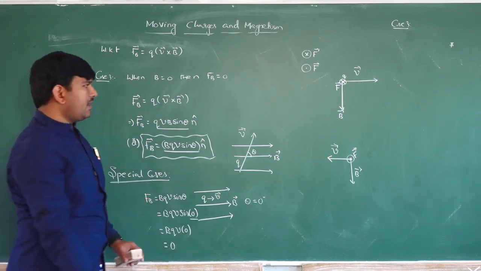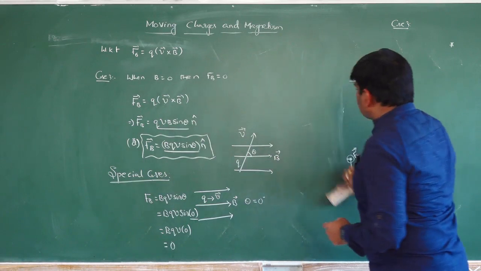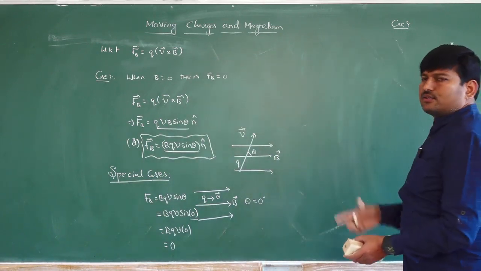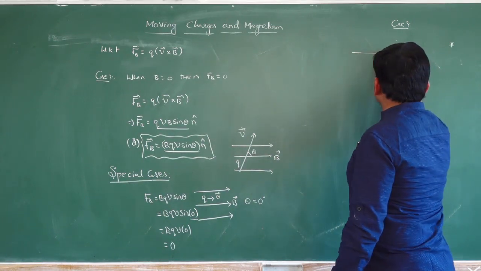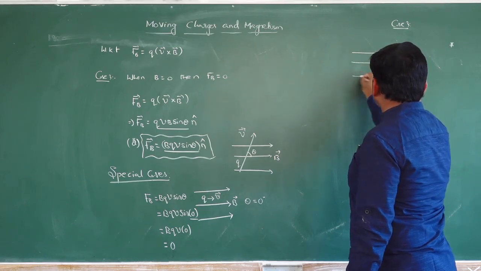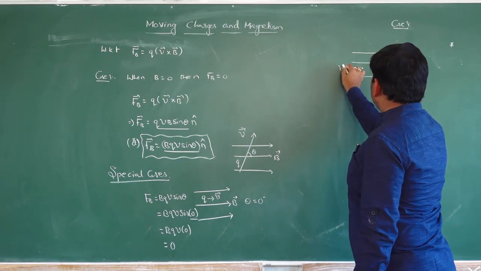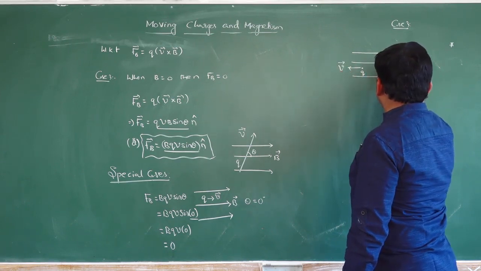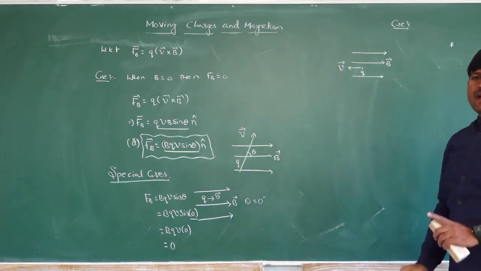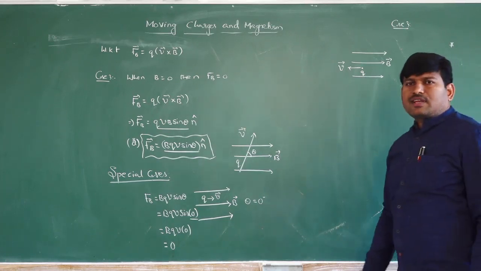In the similar way, if the charge is moving anti-parallel to the direction of magnetic field, this is the direction of magnetic field, let me take, and the charge Q is moving in this direction. This is the velocity vector direction and this is magnetic field direction. Then what is the magnetic force acting on the charged particle?